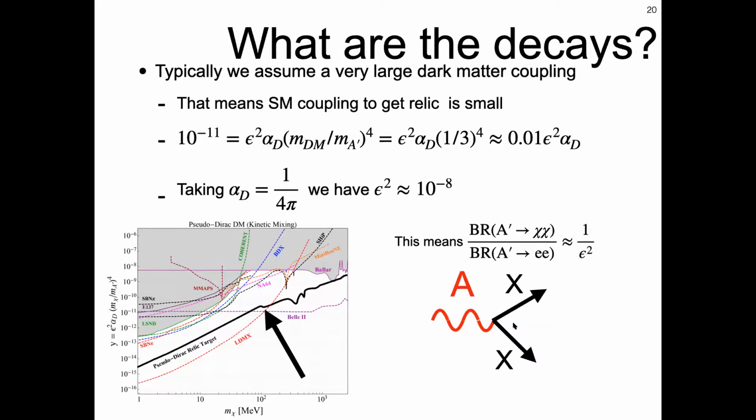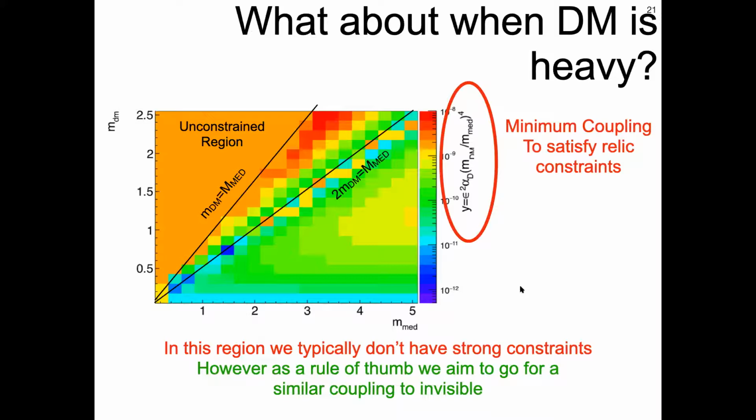Then we can go back to this 2D plane where we're varying the mediator mass and dark matter mass. I only have a pixelized version of this plot. This is writing it in the low mass units. Again, you can make benchmarks where you vary the slope.